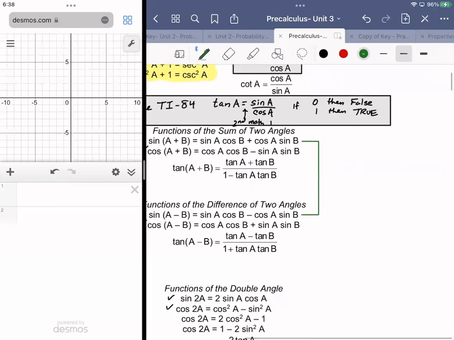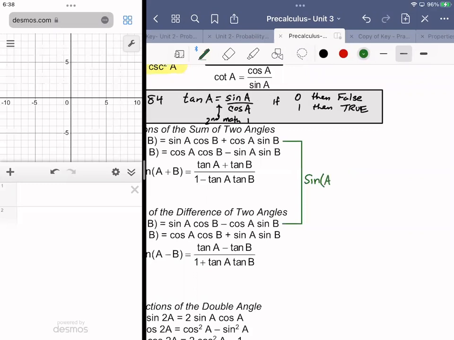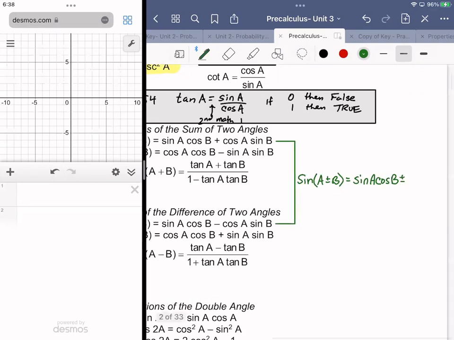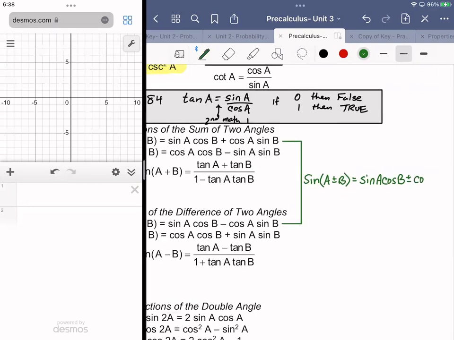That would be the sine of A plus or minus B is equal to the sine of A times the cosine of B plus or minus cosine of A sine of B. Basically just smushing them together, because the plus on the left side corresponds to the plus in the expansion, and the minus corresponds to the minus in the expansion.